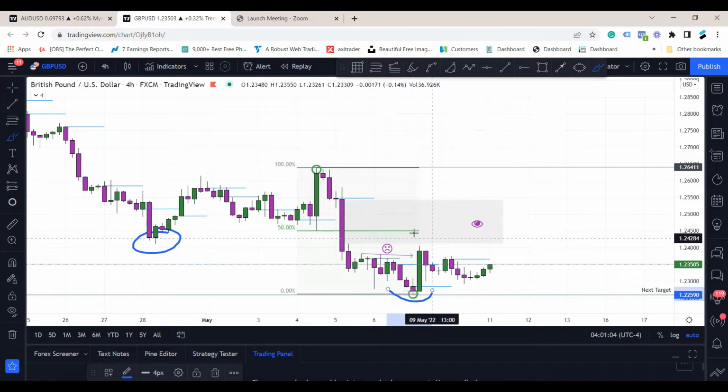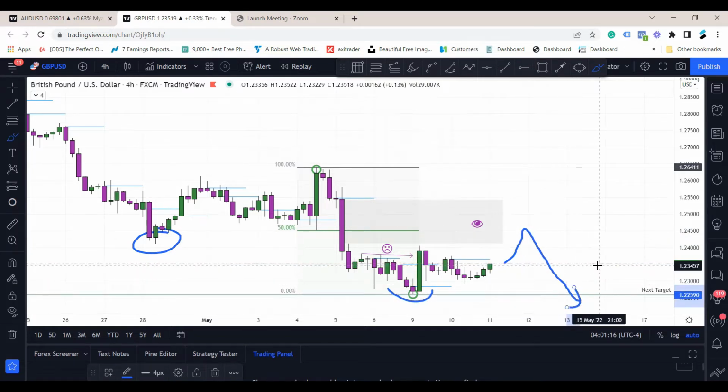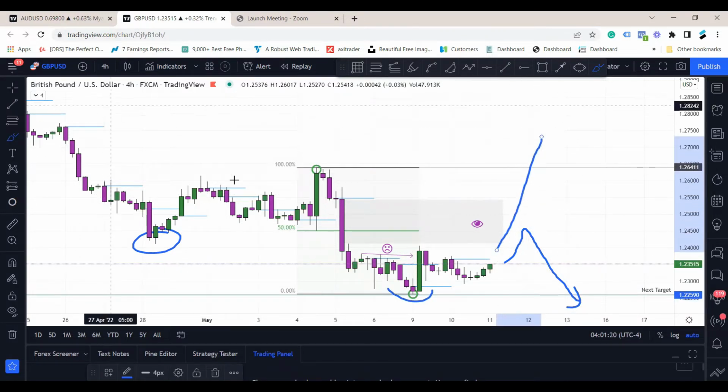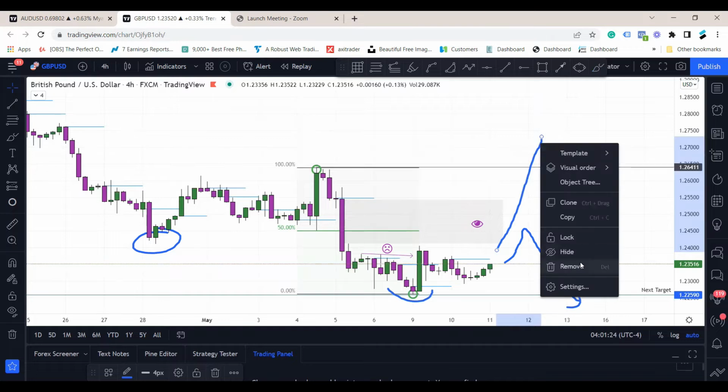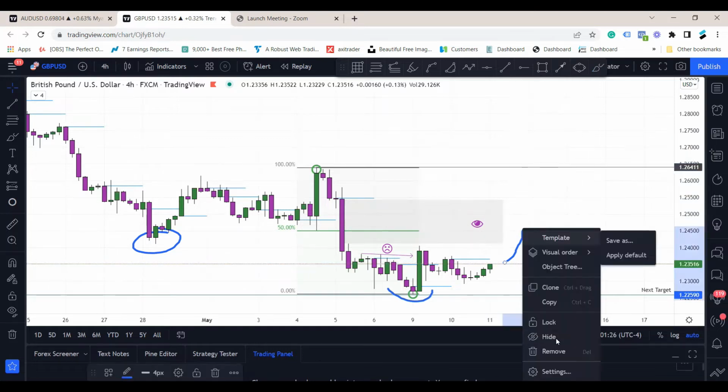So the odds of the price moving up to the price equilibrium, the swing midpoint, and then continuing lower are much higher than the price going back up, because the overall trend is down. So I know that the odds of going down are higher.